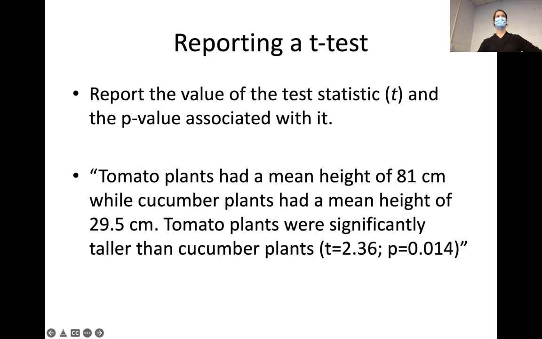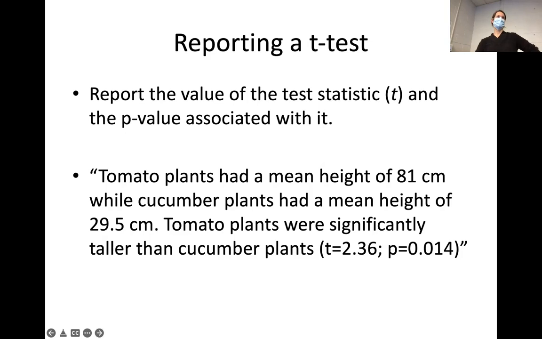So go back to this when you wonder how to report the statistics. This is your t-value. You'll find that in the table that Excel spits out, 2.36. That doesn't really tell you anything. Back in the day when you looked at a chart to find out whether it was significant, it did, but we still report it. And then your p-value, you'll say p equals whatever. If this is less than 0.05, you know there's a difference.